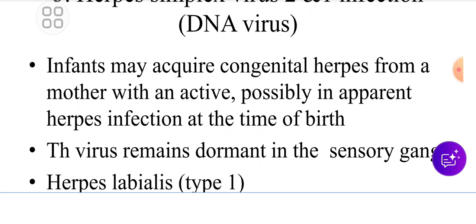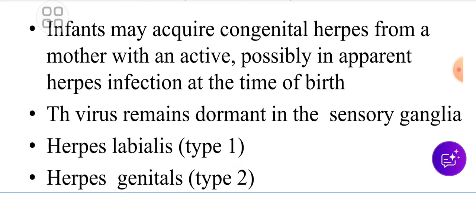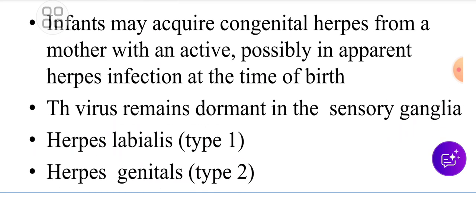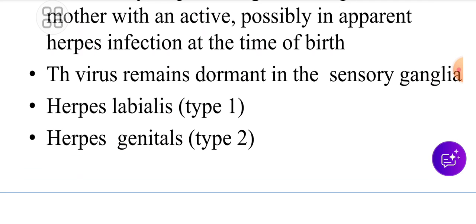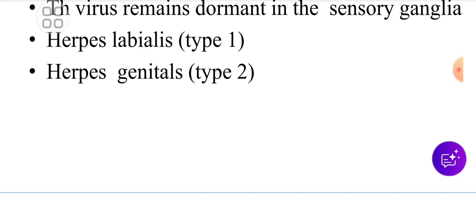It is transmitted by exposure, by contact during delivery. Once the virus infects a person, it remains dormant in the sensory ganglia. There are two types: herpes labialis, known as type 1, and herpes genitalis, known as type 2. The first one infects the lips, and the second one infects the external genitalia.